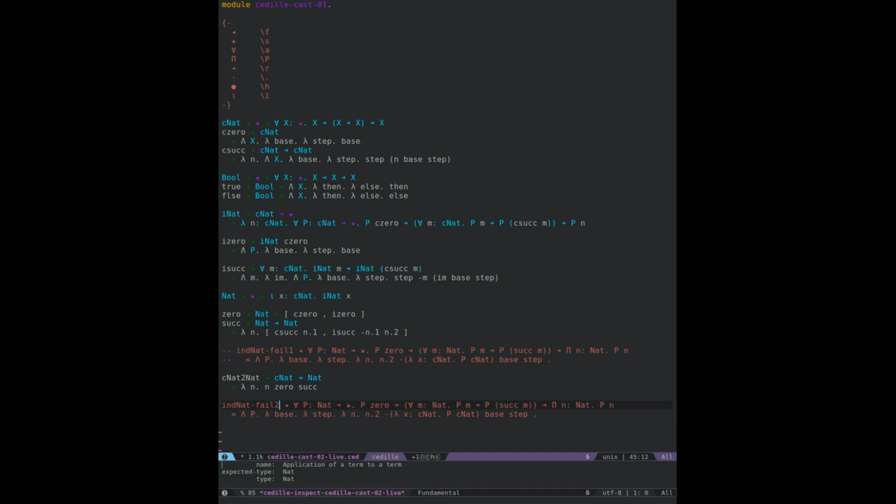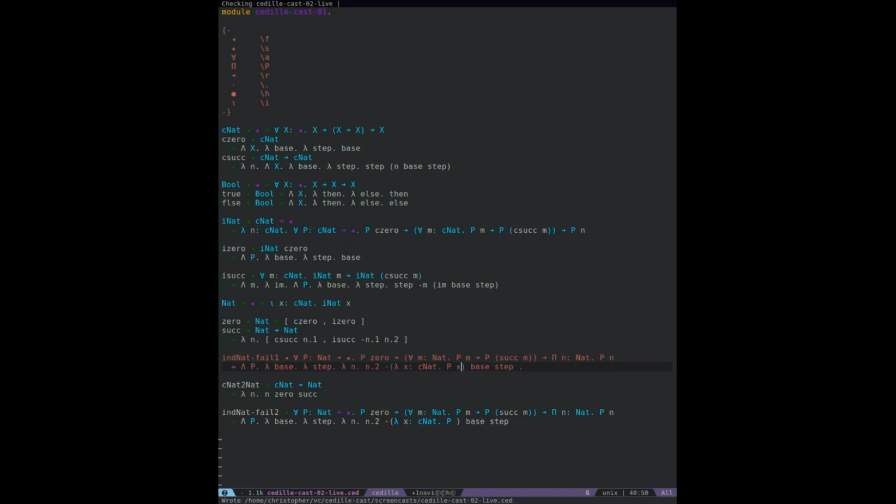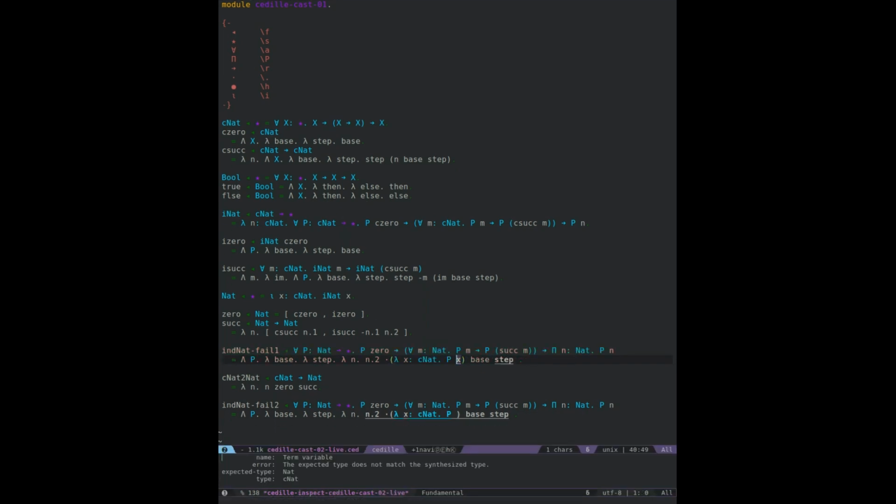Well, as you might have guessed, no, because I'm naming this function fail2. But we get closer. Here, instead of, oh, that was silly. Sorry. Properly, this should have been p of x. Now, no wonder. Now the error here is that I've given a cnat, but I expected a nat.